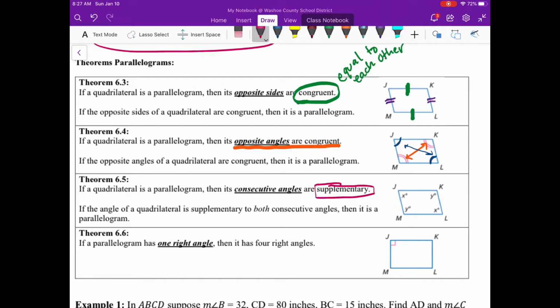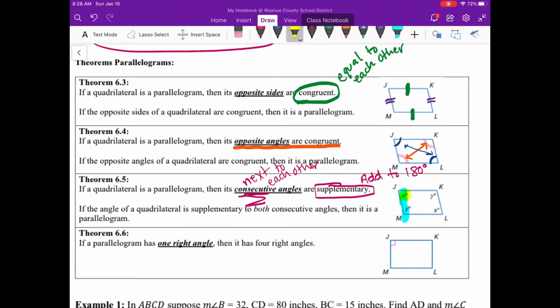Next, if we have a parallelogram, the consecutive angles are supplementary. So let's talk about these two things. Consecutive means next to each other. So two angles next to each other are going to be supplementary. The word supplementary means that they add to 180 degrees, so a lot going on here. Let me show you.